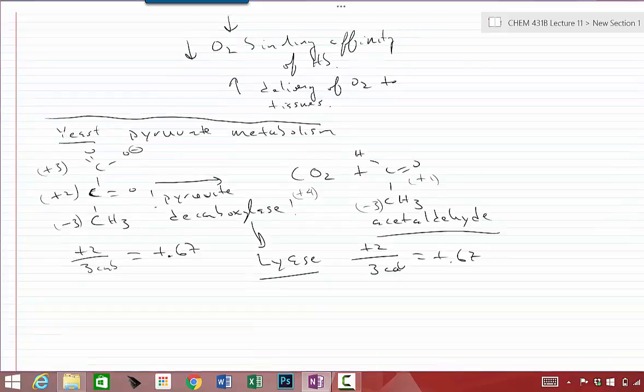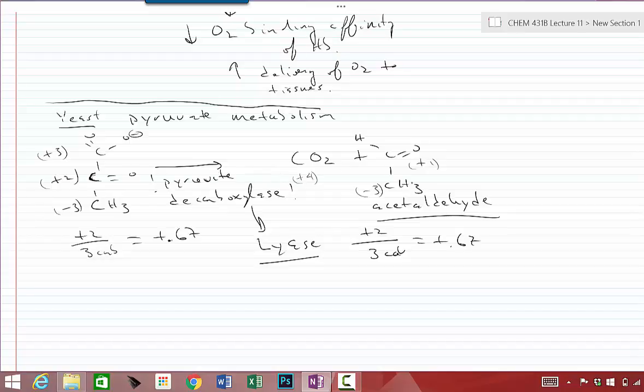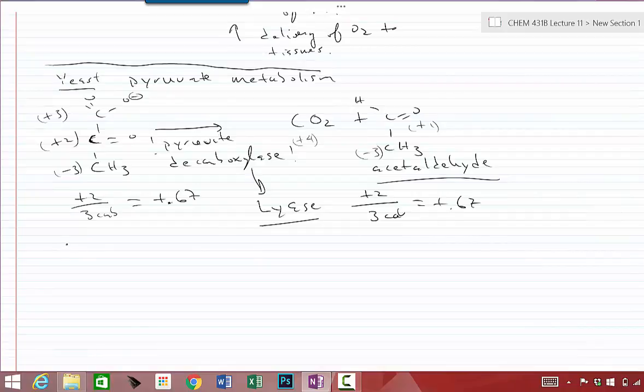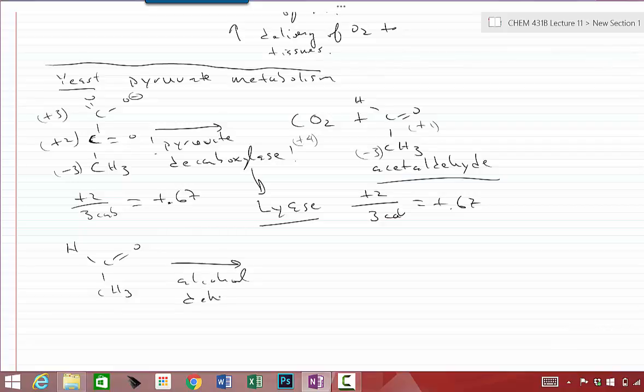Then the next step that the yeast does, so the yeast does this in 2 steps. It's going to take acetaldehyde, and we have this alcohol dehydrogenase. So that's the name of this enzyme, alcohol dehydrogenase.